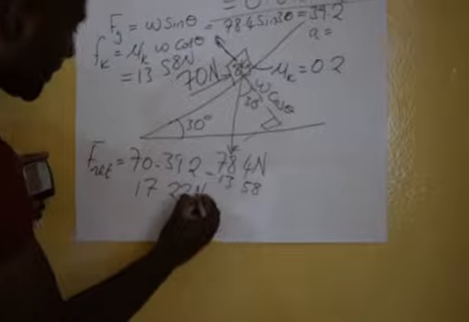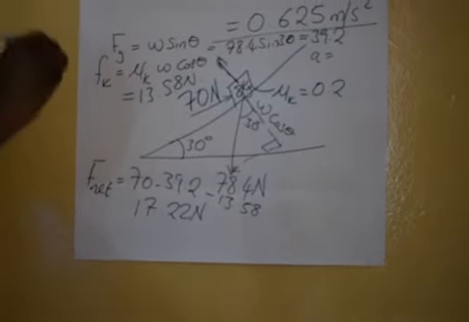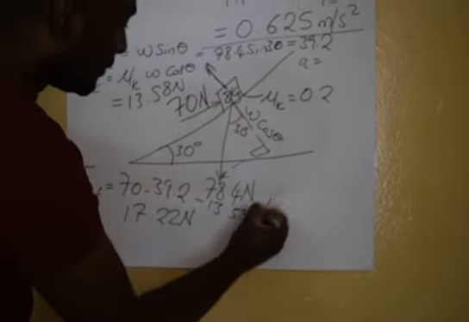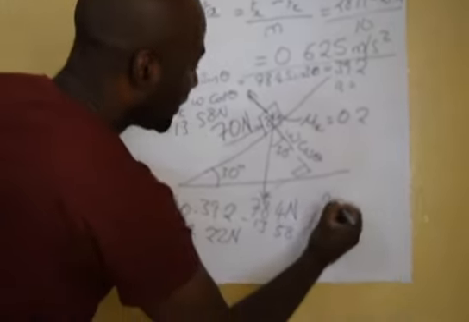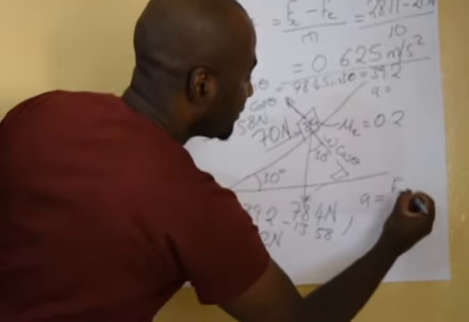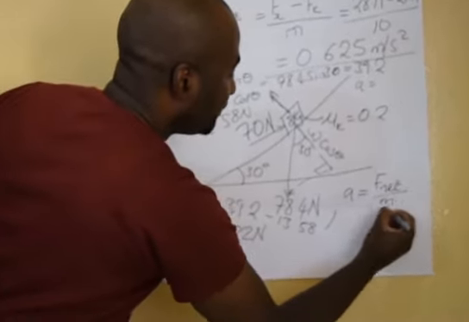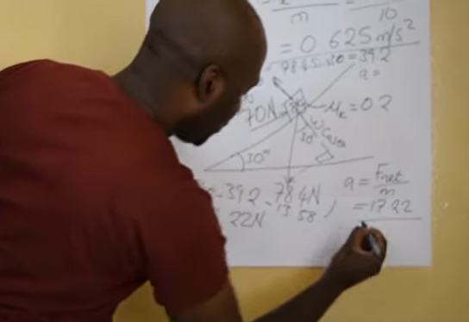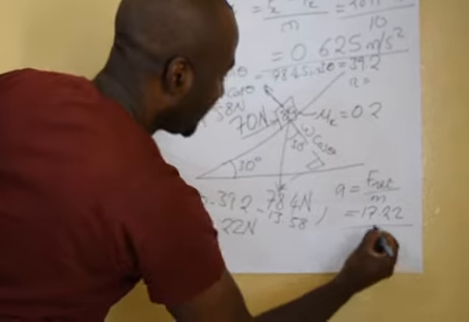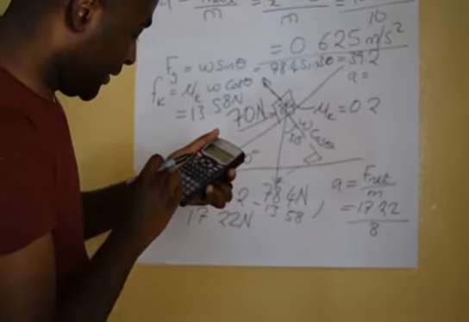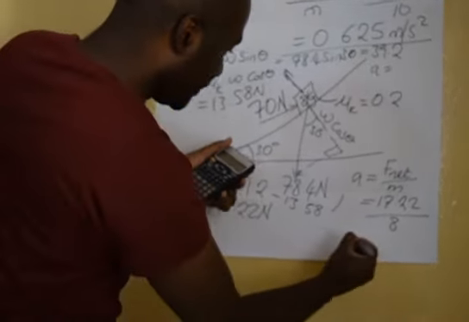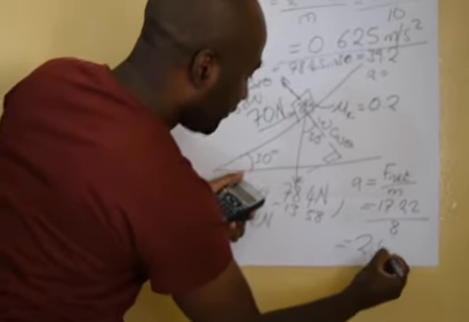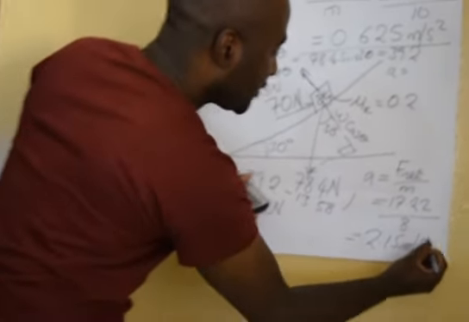Go through, guys, in case I've made an error, but the concepts are the same. Then we'll get the acceleration as F net over m. So it's 17.22 over the mass, which is 8. So divide by 8, which is 2.15 meters per second squared.